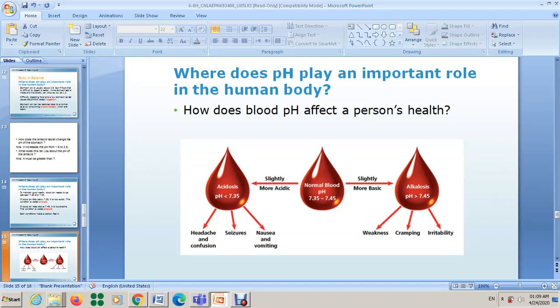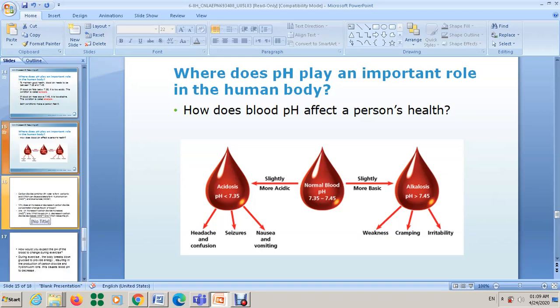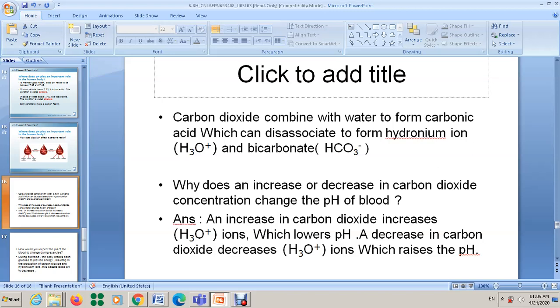What about lungs? This part for lungs is very important. When you exhale, you remove carbon dioxide from your body. So what is the relationship between carbon dioxide and pH? I want you to think about this case. Carbon dioxide is a non-metal oxide, right?